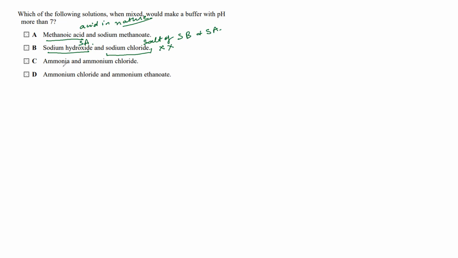Next, we have ammonia and ammonium chloride. So ammonia is basic in nature, and ammonium chloride is the salt of a weak base and strong acid. Which weak base and which strong acid can you take?